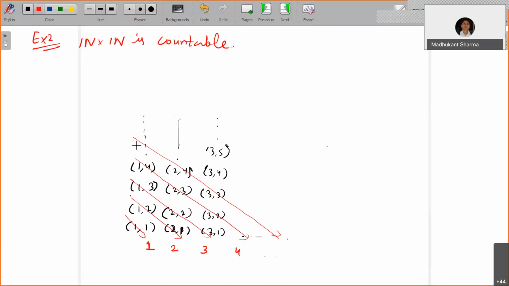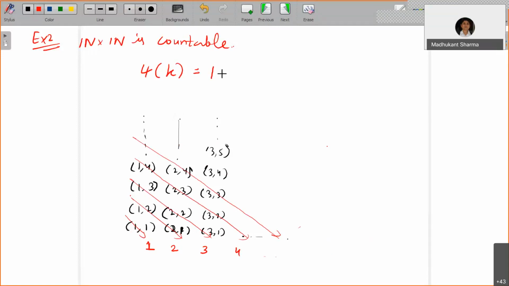Okay, so this is the structure. In this structure we are talking about N cross N. So what is the number of entries in the kth diagonal? For the fourth diagonal it is 1 plus 2 plus 3 plus 4.